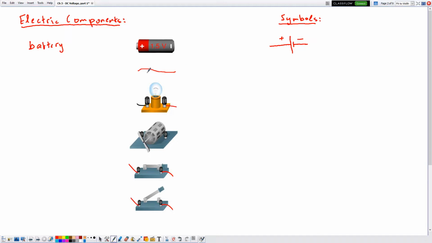Okay, now as for the connecting wire, the symbol of the connecting wire will be simply a line. Now as for the lamp, we will give it the following symbol.